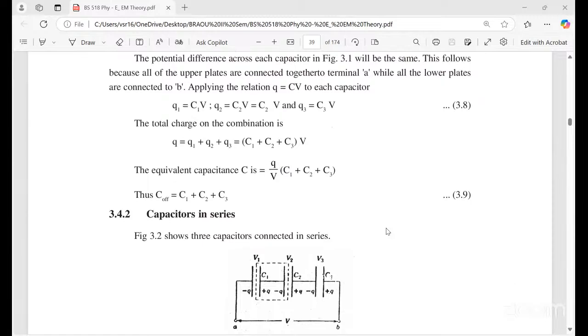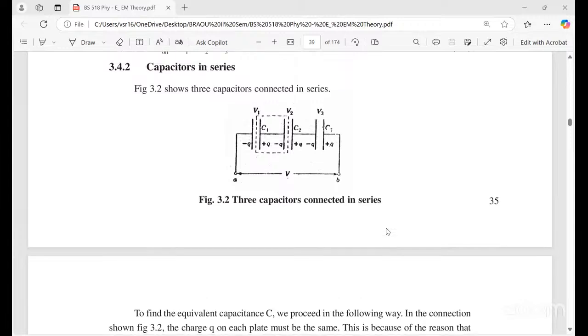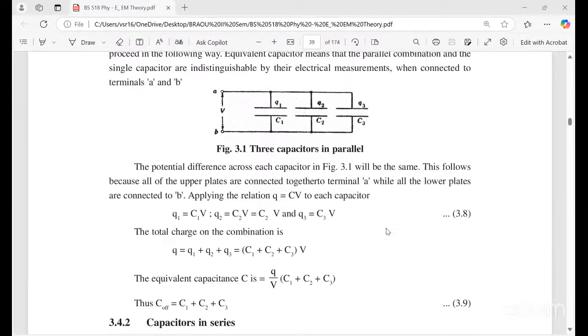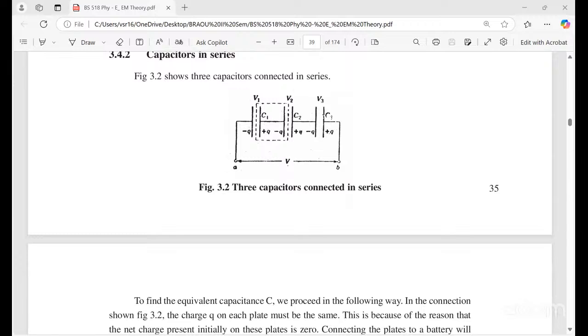Next, when capacitors are connected in series, you can see series is different from parallel. These are parallel and here it is in series. Same thing, we consider here three capacitors connected in series.